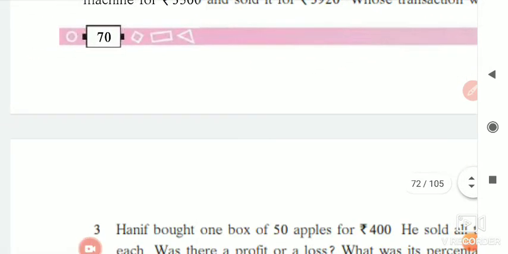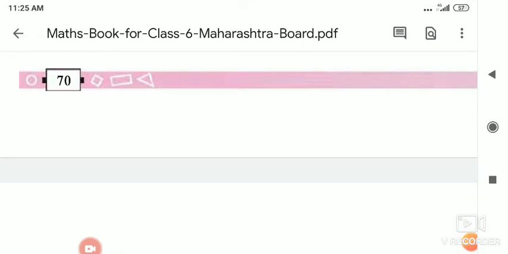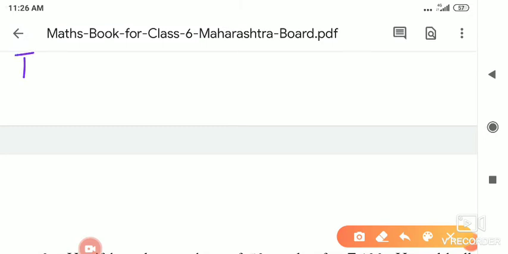We will solve this example in two parts, and I am writing here in short.